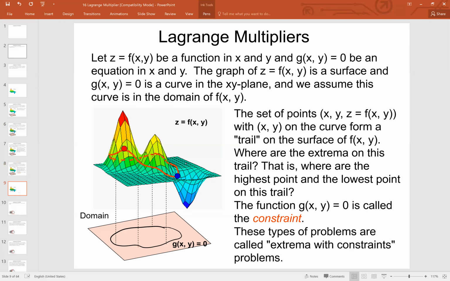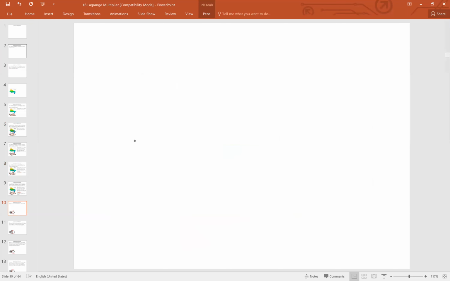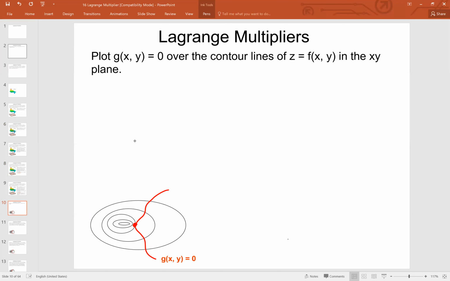Now, if I look at the level curves that I just drew, for instance these points, and those are the level curves, and I look at the path, then we get these situations. These are the z level curves.